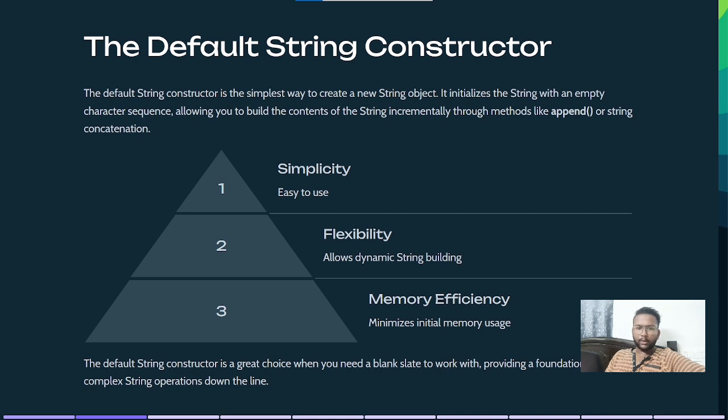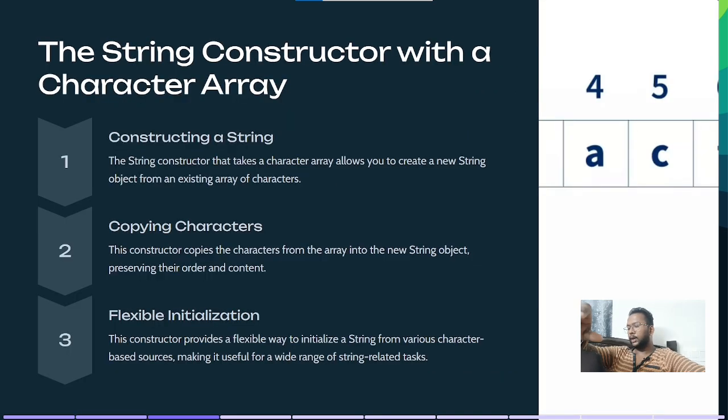Simplicity: easy to use. Flexibility: allows dynamic string building. Memory efficiency: minimizes the initial memory usage. The default string constructor is the greatest choice when you need a blank state to work with, providing a foundation for more complex string operations down the line.